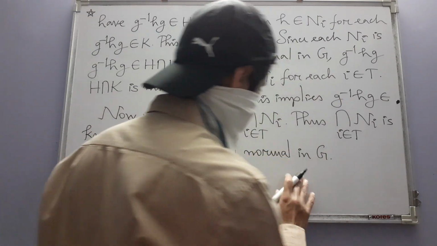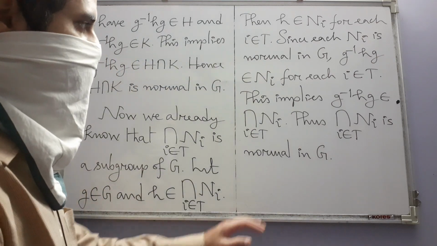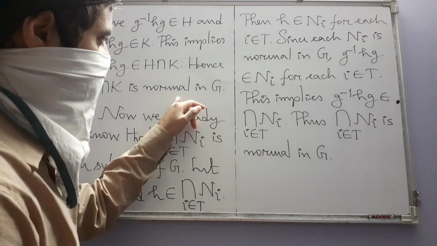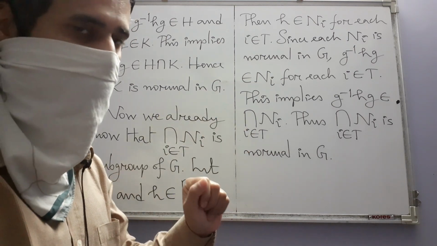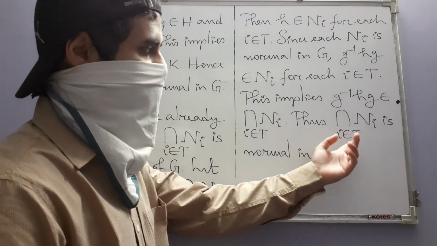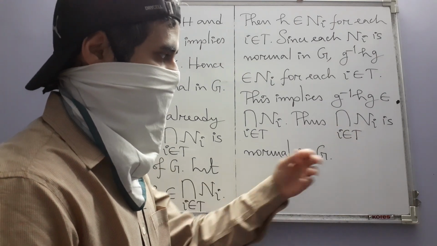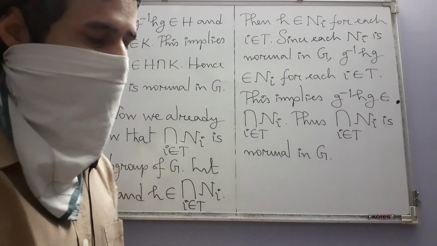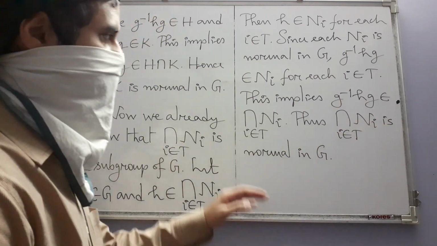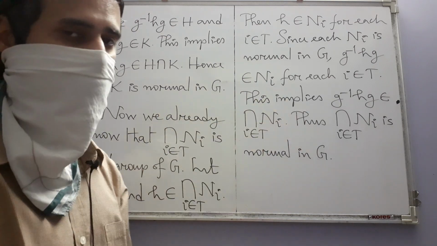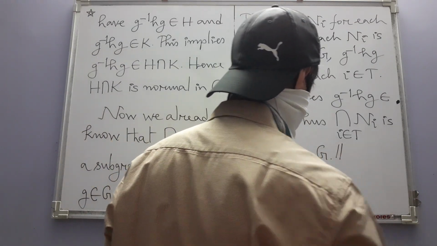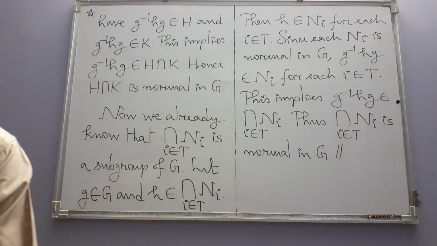And one more thing you can note here is that the result that we proved in the first paragraph, which has only two normal subgroups, is a consequence of this one. You just take T as a set having only two elements, so that correspondingly you have only two normal subgroups. Then this is just a special case of this. So here the solution is over. Now let's see the next one.